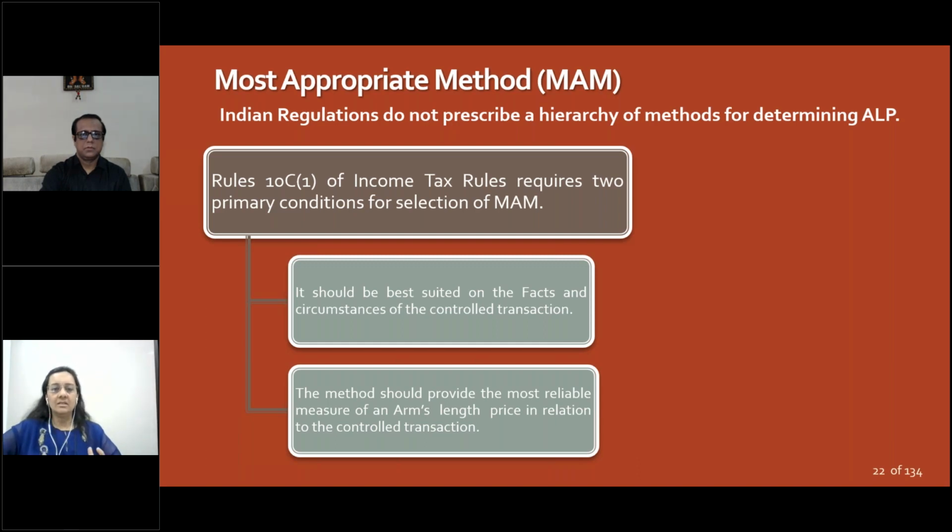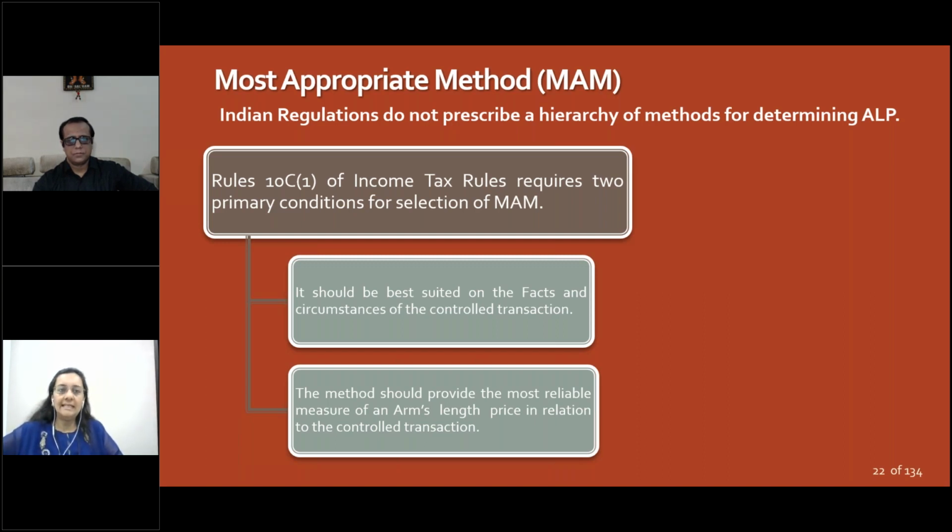Basically, any method that is best suited to the facts and the circumstances of the transaction should be used as the most appropriate method, as long as it gives the most reliable measure of the arm's length price in relation to the controlled transaction. So here I've used the term controlled transaction. An international transaction or an SDT can also be called a controlled transaction.